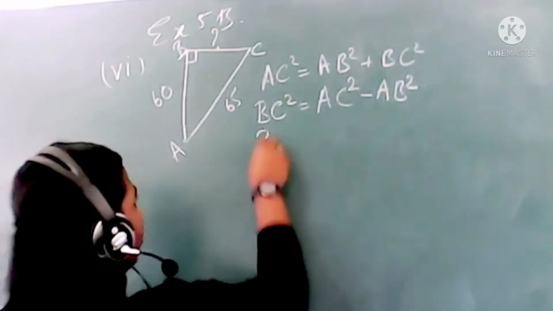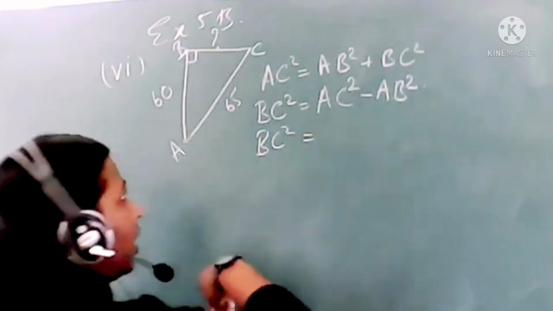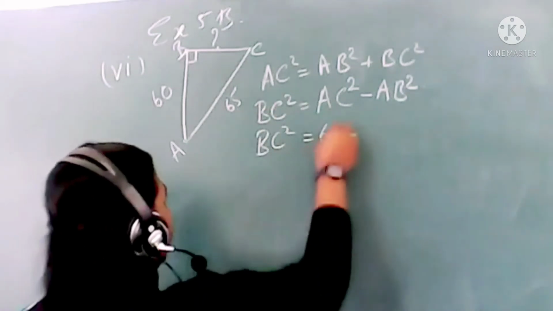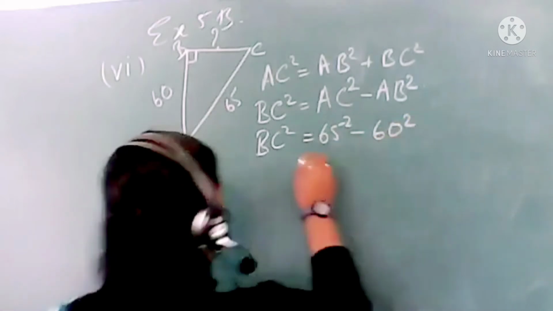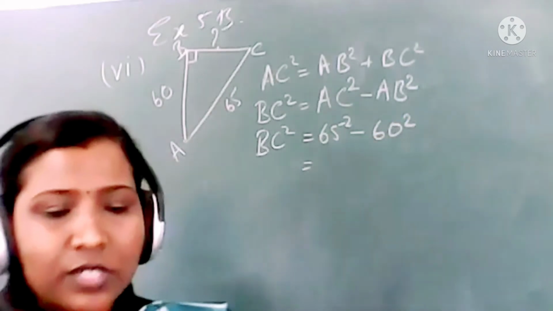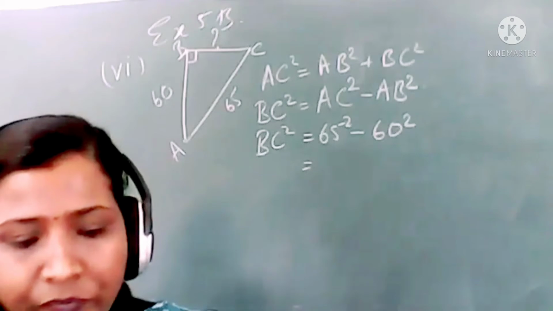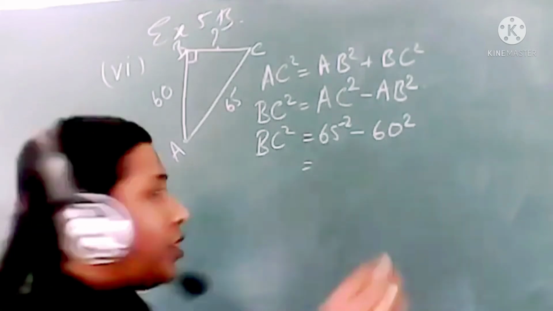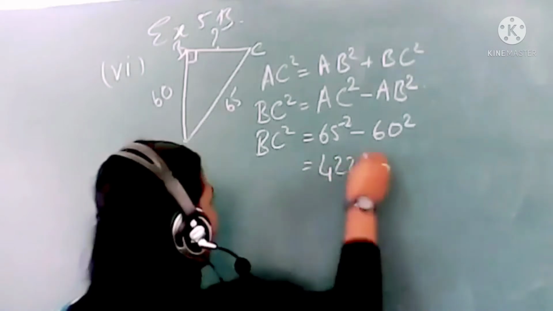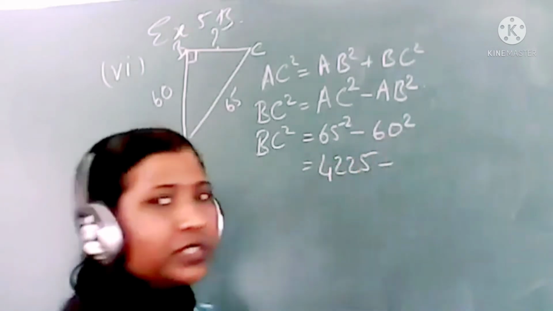Okay. Now we have to find out BC square. So we will put the values. AC square as 65 square minus 60 square. So 65 into 65 will be? Ma'am, solve it. 4,225. Yes, correct. 4,225 minus 60 into 60 is?